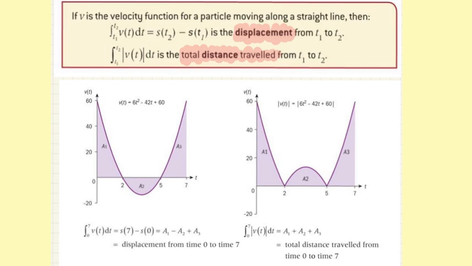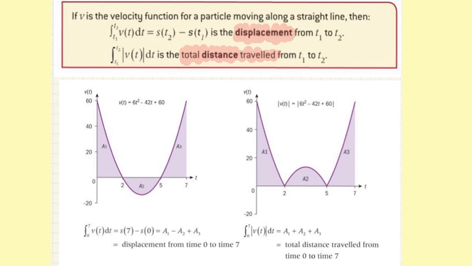If we integrate between t1 and t2 of the absolute value of the velocity function, we will get the distance travelled. This is because if you look at the two graphs below, we have got in the first diagram 3 distinct areas. And remember, the distance travelled is the area under the velocity function.